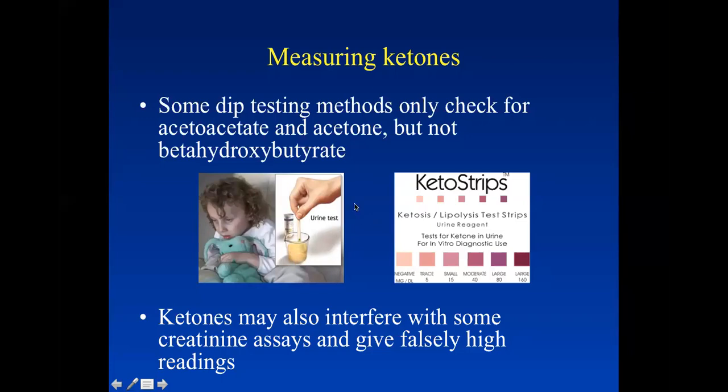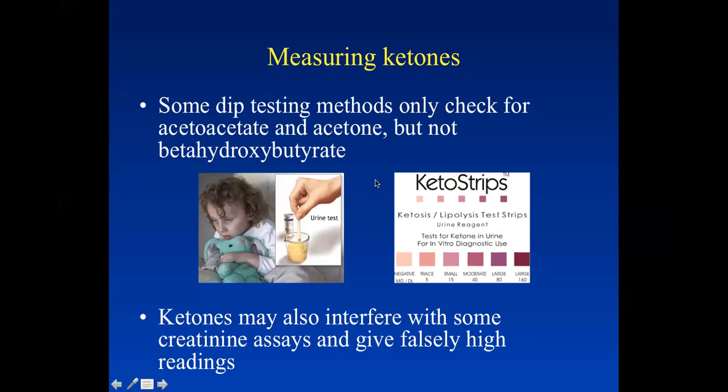The problem with that is that these strips, or even your Rothera test you learned in biochemistry, mainly measure acetoacetate and acetone. I said there are three types of ketone bodies in the body: acetone, acetoacetate, and beta hydroxybutyrate. These methods mainly measure acetoacetate and acetone.